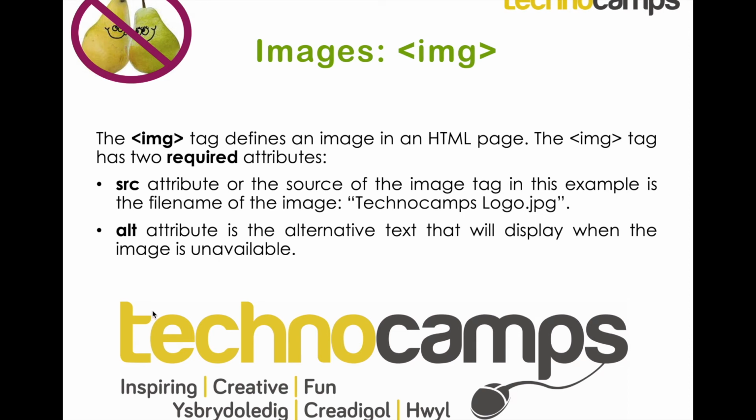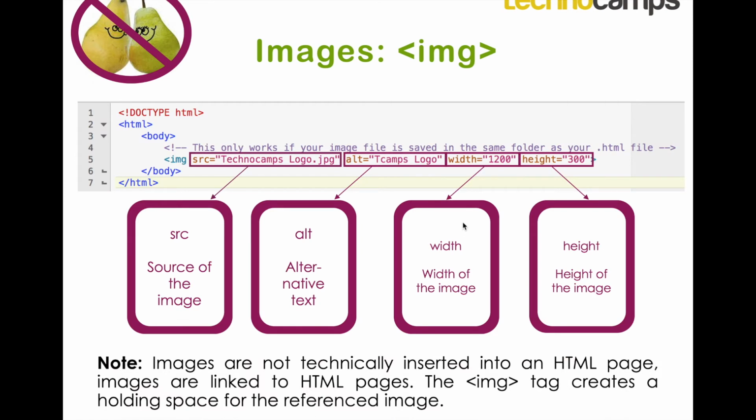So additional to adding images to your web page, you can also change the width and the height. Some of you might have chosen images that are too big or images that are too small.